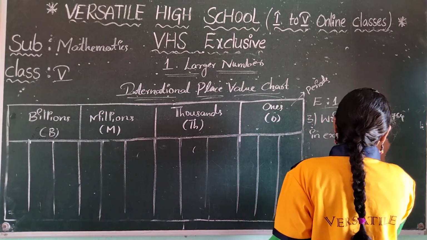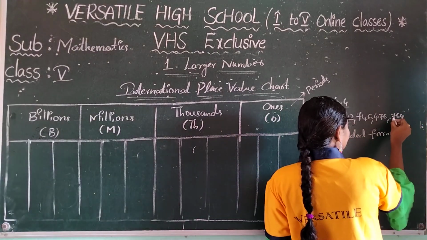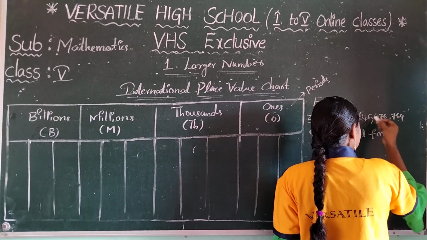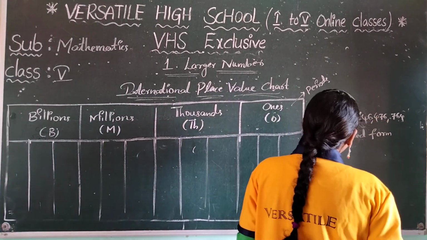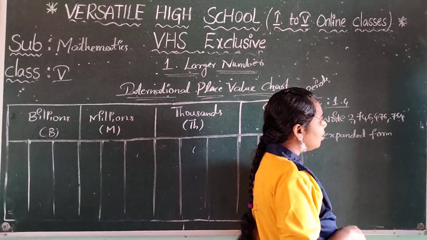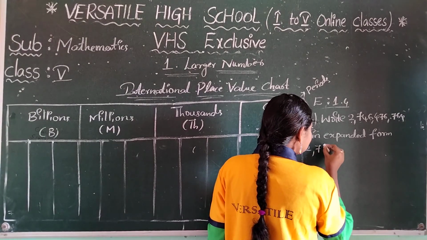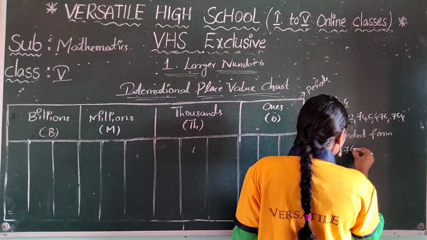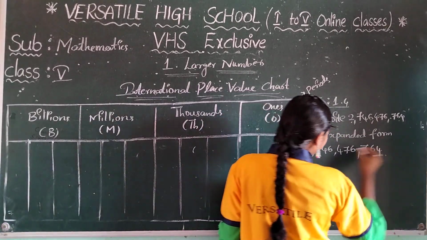Here one number is given. So ones, tens, hundreds, thousands, 10,000s, 100,000s, millions, 10 millions, 100 millions, billions. 2 billion 746 millions 476,764. Now write the expanded form.